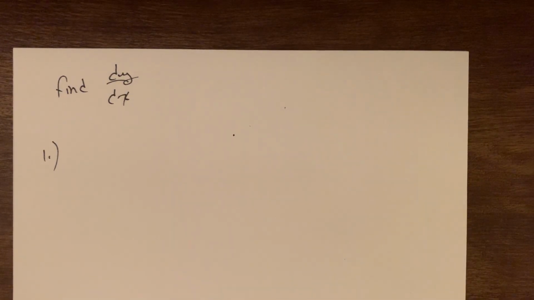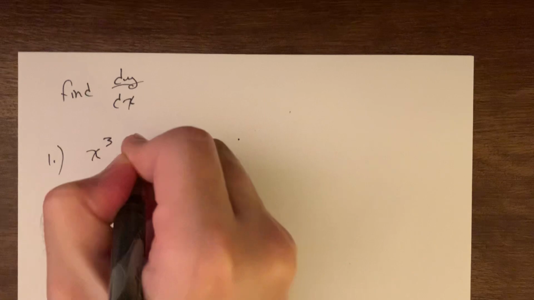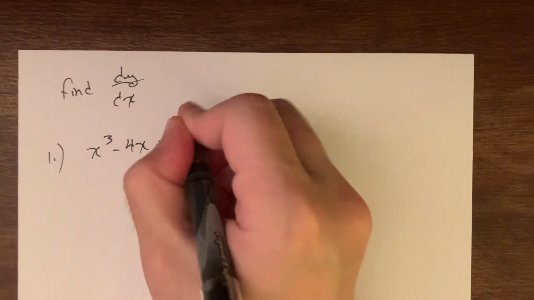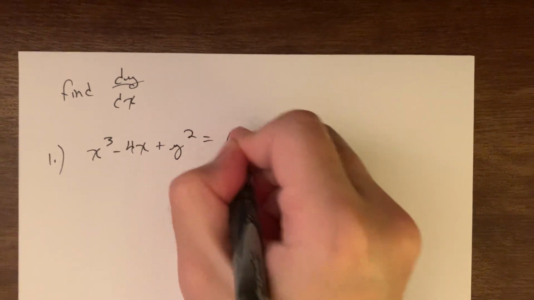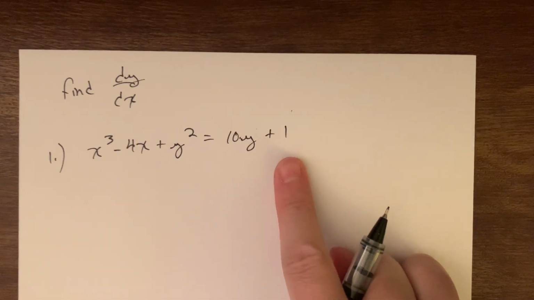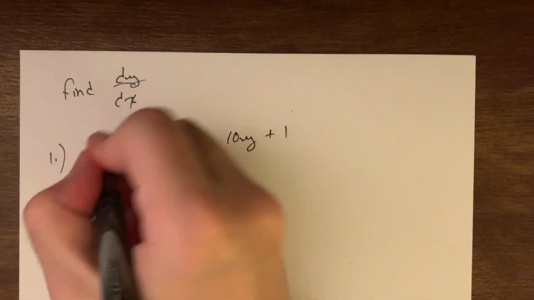Okay? So let's find dy dx. Let's look at x cubed minus 4x plus y squared equals 10y plus 1. So find dy dx.